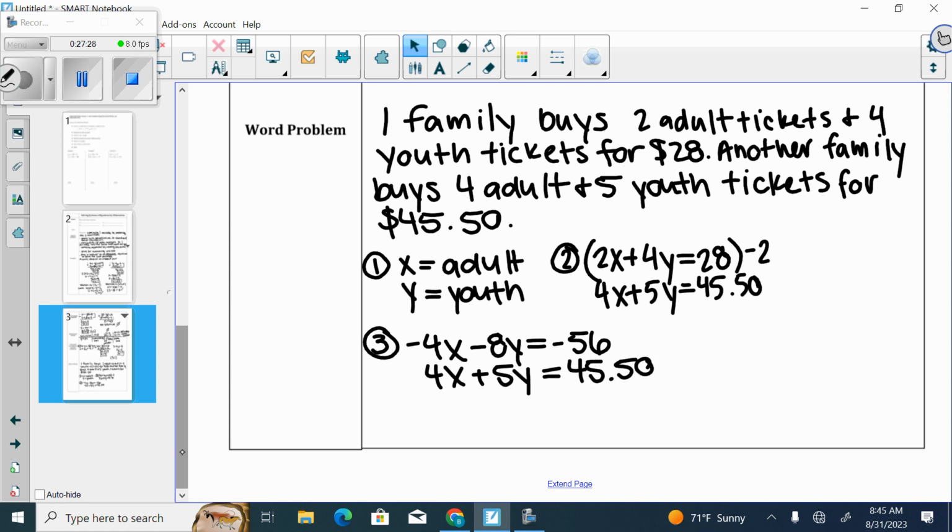Okay, so now we did fix it, something will eliminate. Let's add these together. Those x's will now eliminate. What happens, or what do I get when I add the y's? Good. And what do I get when I add -56 and the 45.50?